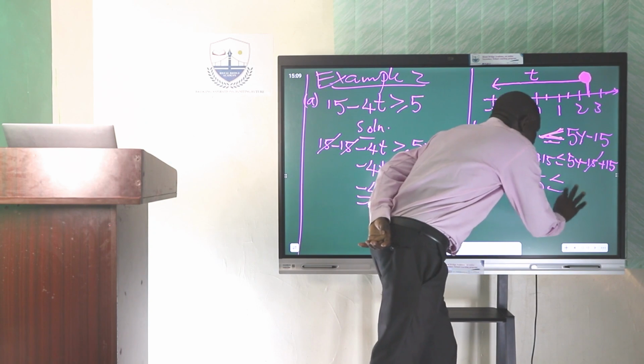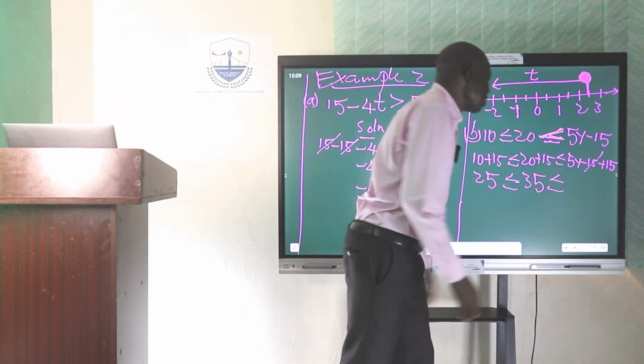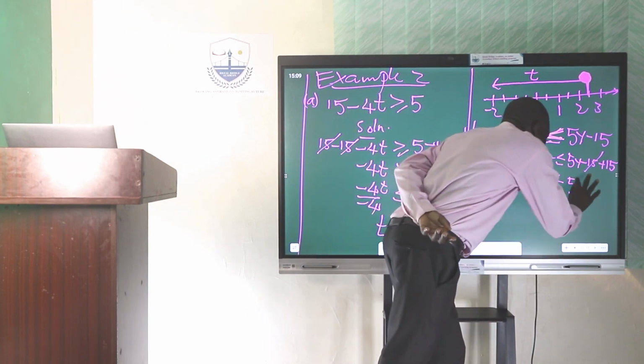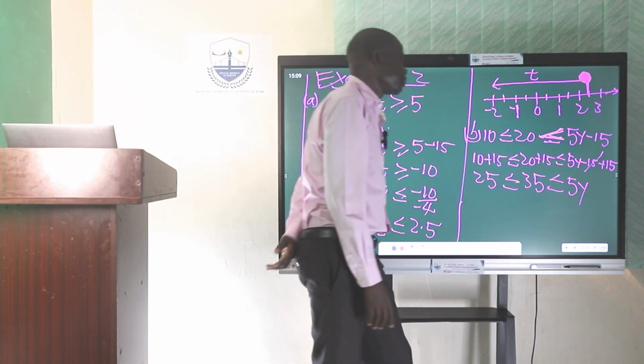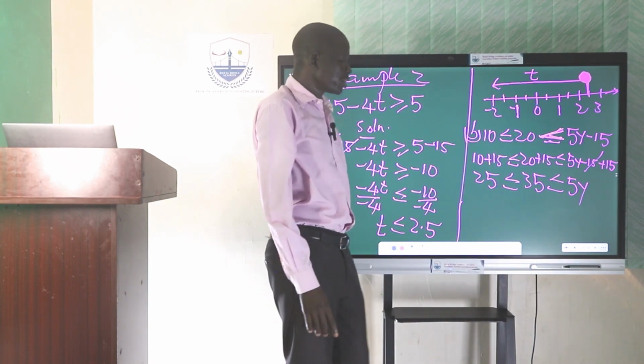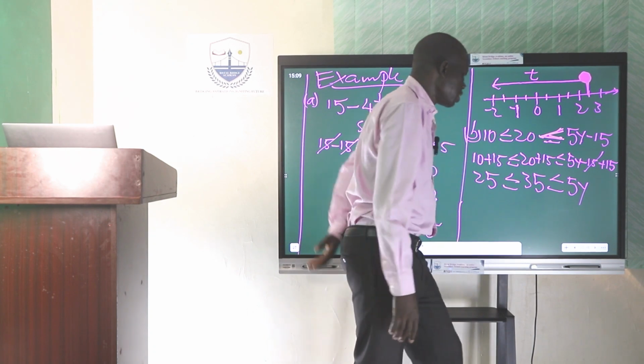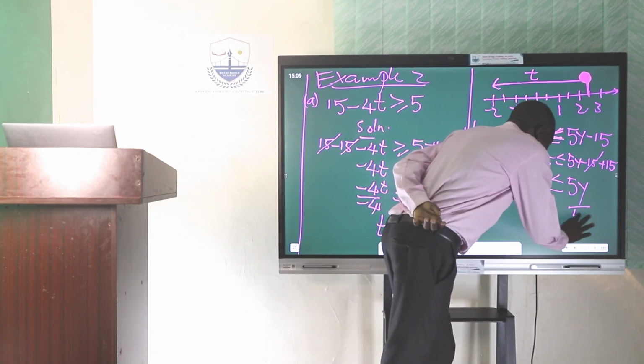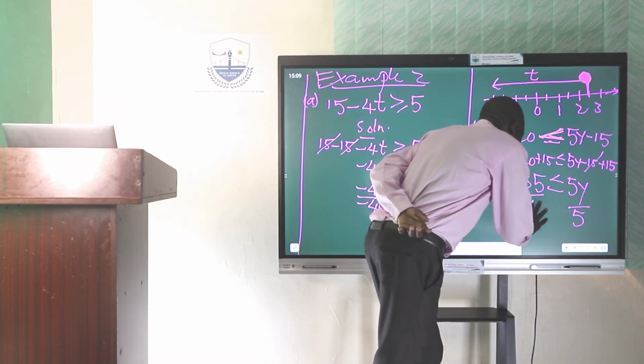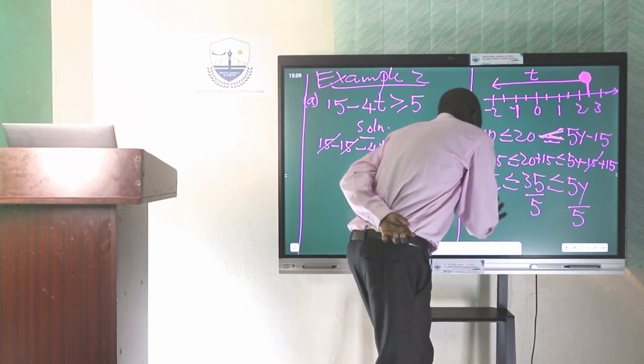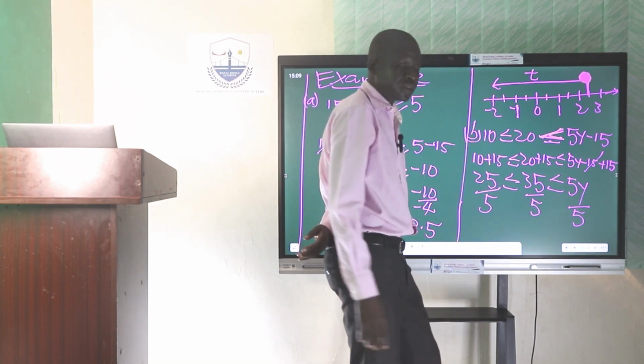Is less or equal to, here we now have only 5y. So in this case, to make the y, I will divide here by 5, here by 5, and then here by 5. Every time by 5.